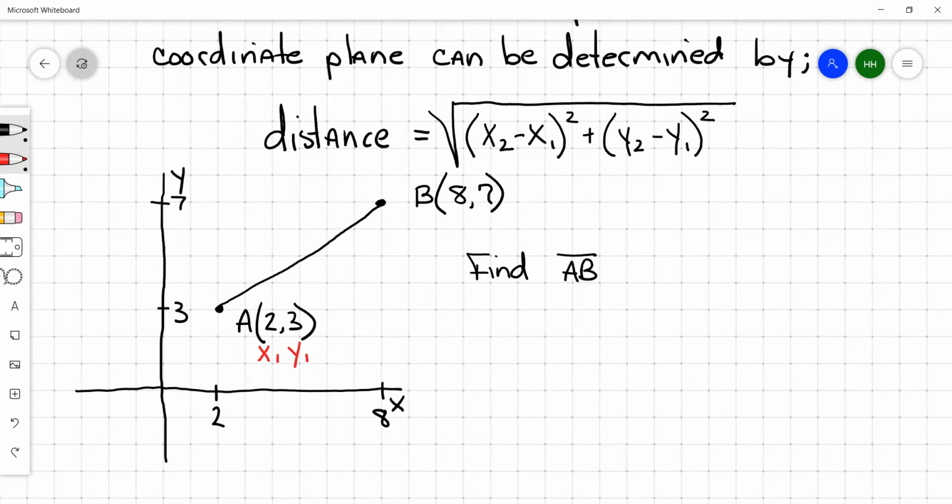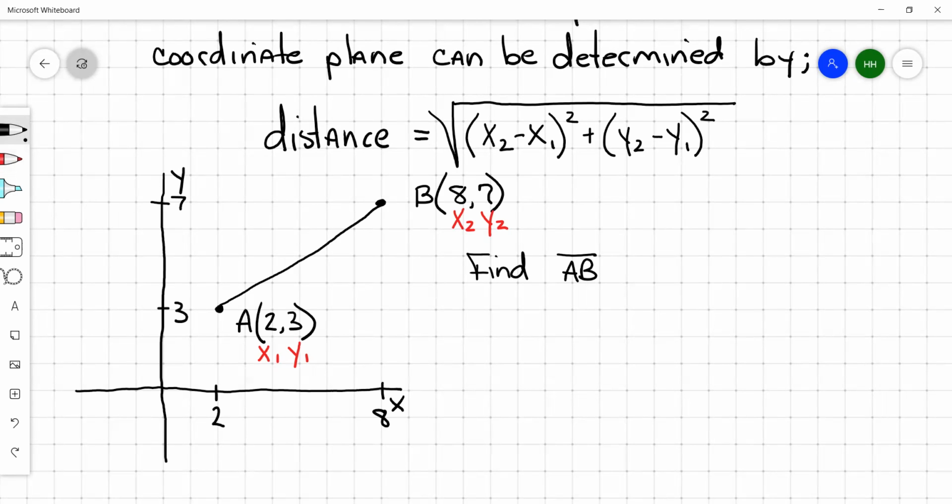Just like you did in the midpoint formula. We started the midpoint formula the same way. We labeled the points. So this would be our x sub 2 and y sub 2. And then you take those values and you substitute them into this formula.